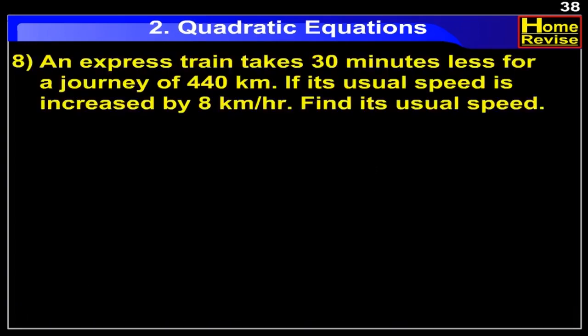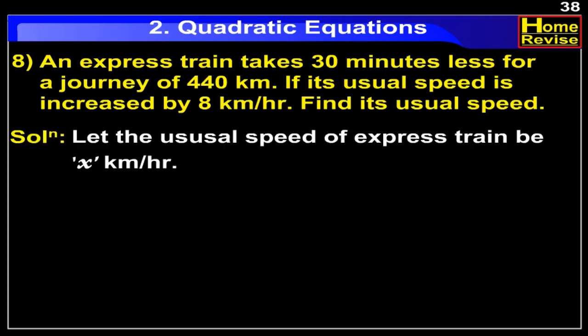An express train takes 30 minutes less for a journey of 440 km. If its usual speed is increased by 8 km per hour, find its usual speed. Solution. Let the usual speed of express train be x km per hour.